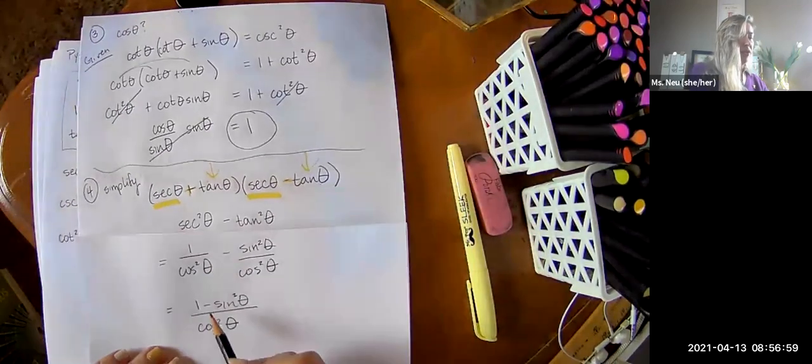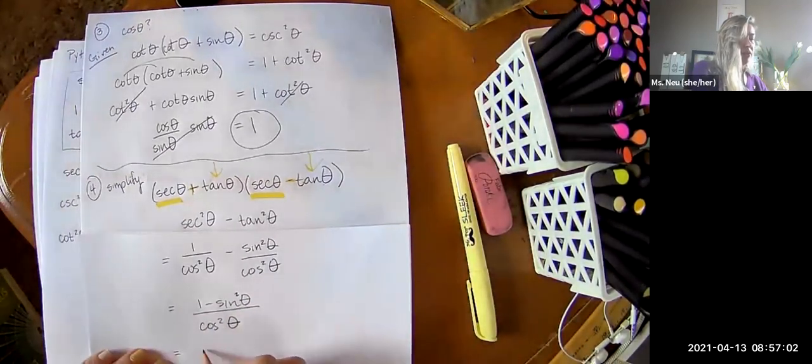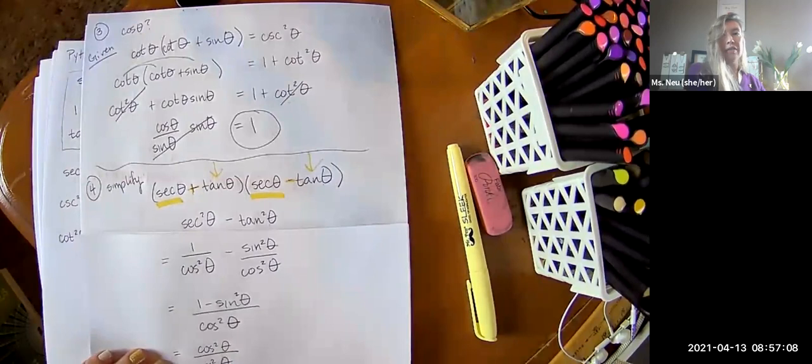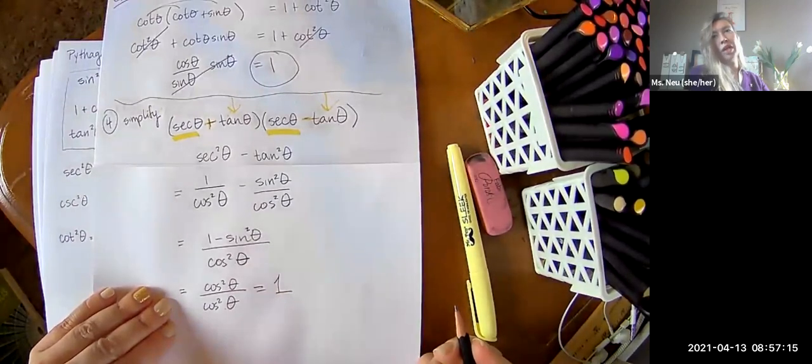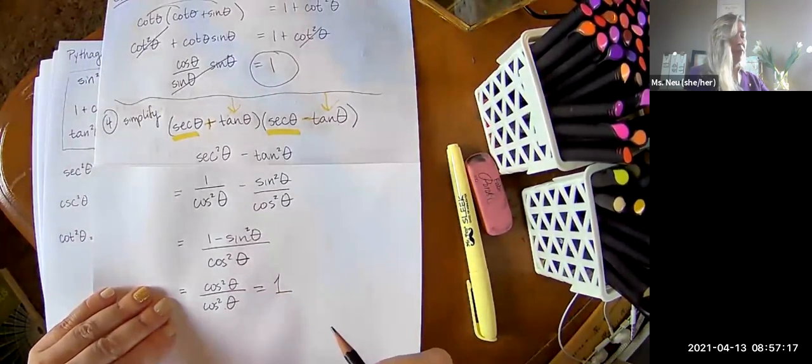One minus sine squared theta, that is here. If I subtract sine squared theta from this, then I'm going to get cosine squared theta equals 1 minus sine squared theta. So this is cosine squared theta divided by cosine squared theta. And anything divided by itself just equals 1. Kind of boring, but what are you going to do?